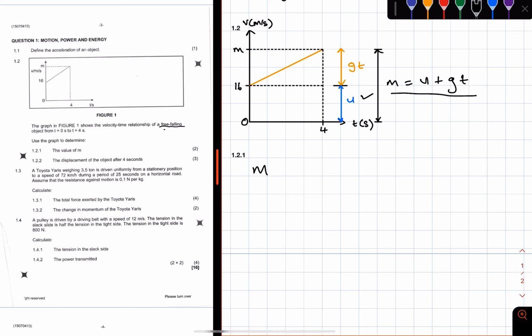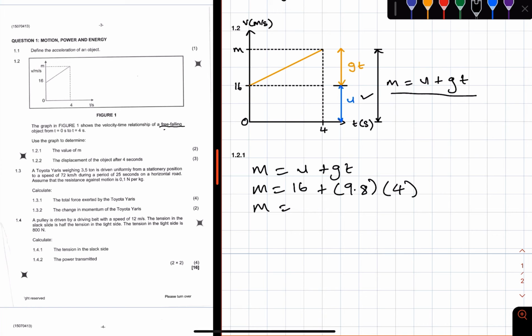So m is equal to u plus gt, which is 16 meters per second plus 9.8 times 4 seconds.